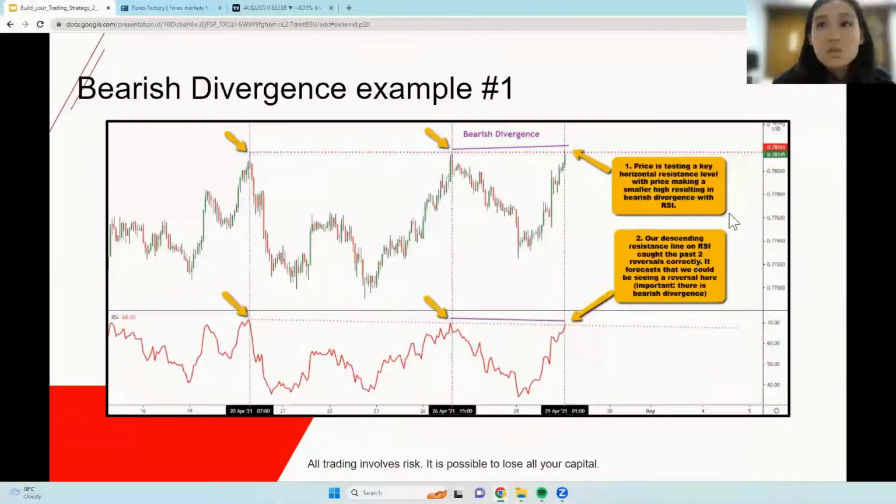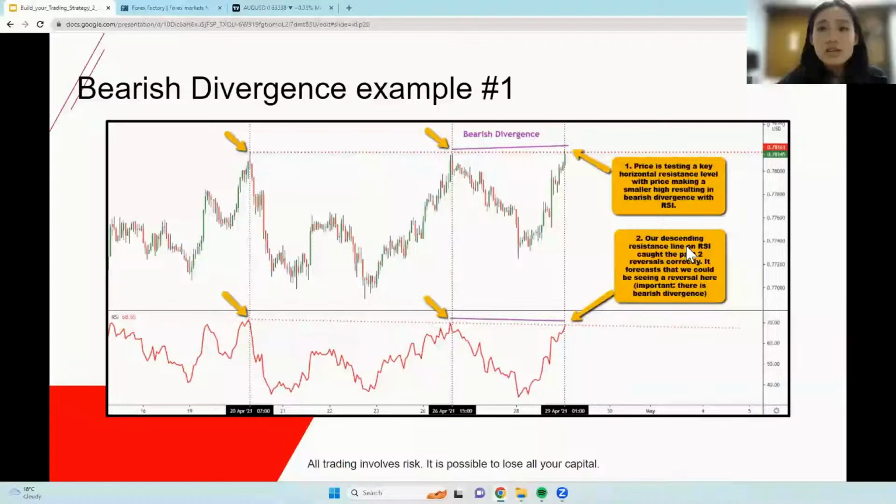Okay, so price is testing a key horizontal resistance level with price making a smaller high, resulting in bearish divergence with RSI. So bearish divergence, basically when it's RSI or stochastic, you see price making a descending trend line, whereas on our price chart, it's kind of staying at the same level. That's basically what bearish divergence means.